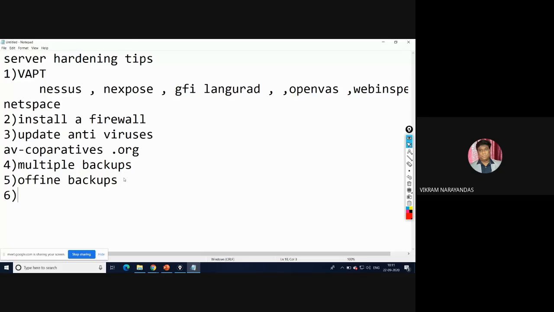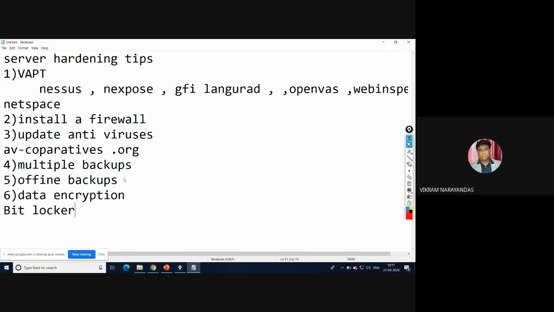Next, data encryption. There is software for data encryption called BitLocker. Use BitLocker to encrypt hard disk data or any pen drive data, whatever it may be.